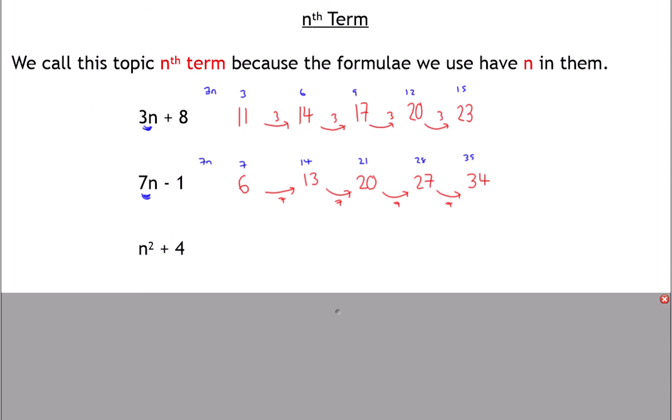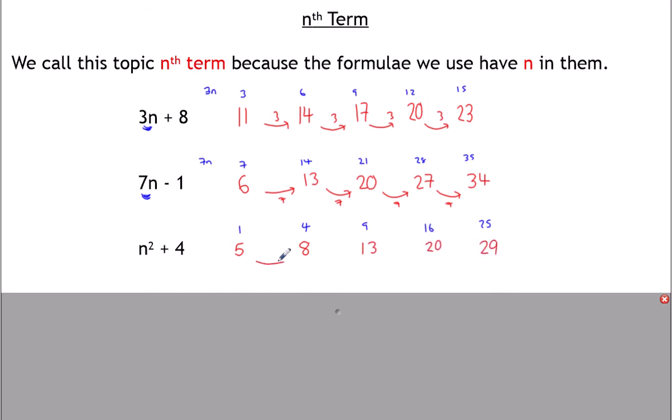N squared is a little bit different because when you square, you're not doing a times table, you're doing square numbers. So 1 squared is 1, 2 squared is 4, 3 squared is 9, 4 squared is 16 and 5 squared is 25. That's not a times table because it's not going up by the same amount every time. If I add 4 on, then I get 5, 8, 13, 20 and 29.